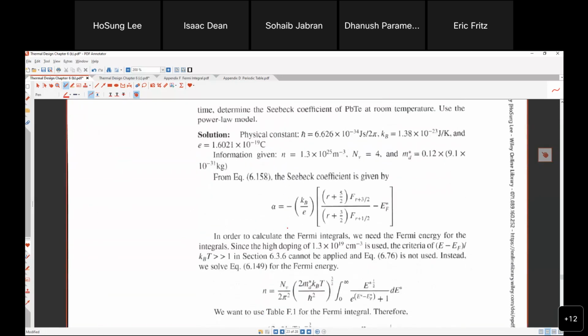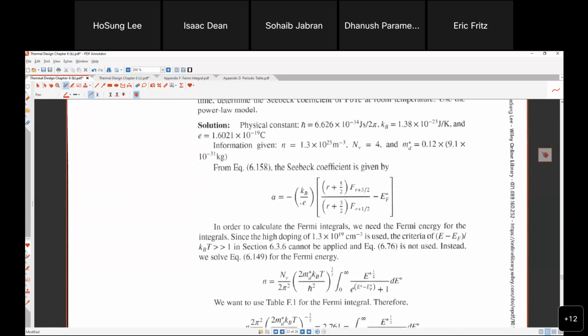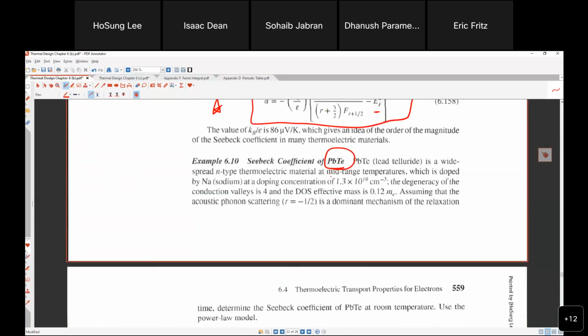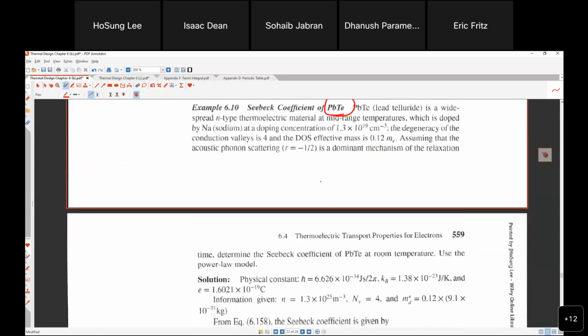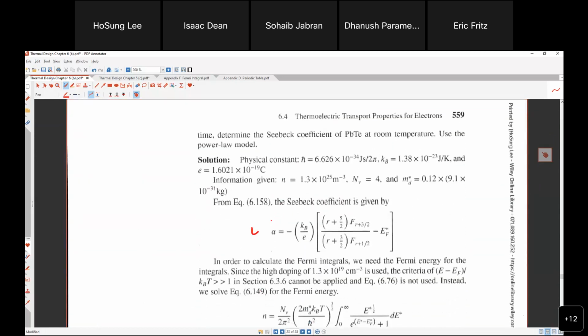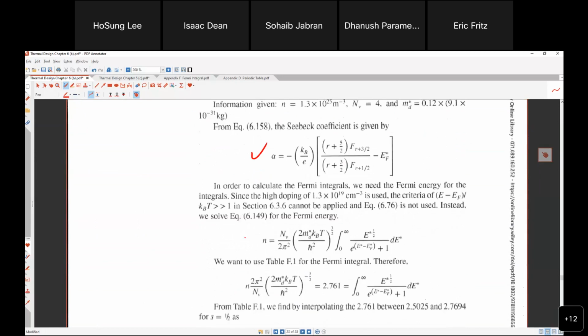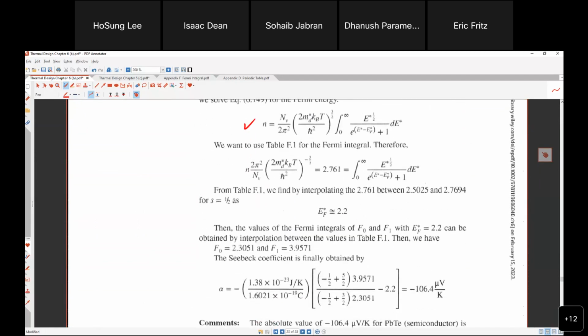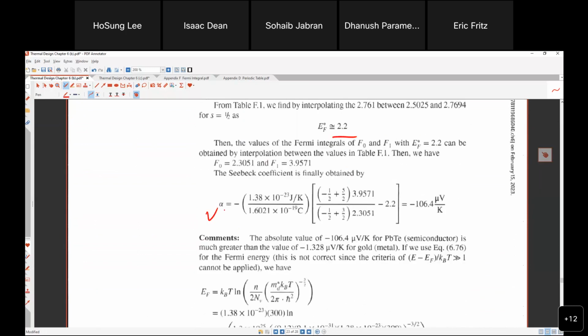Once we talk about lead telluride, which is a semiconductor, we have to use this expression, and using the Fermi integral, we come up with minus meaning n-type, plus meaning p-type.